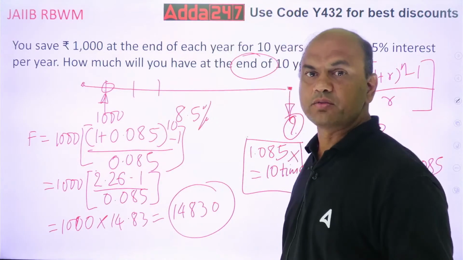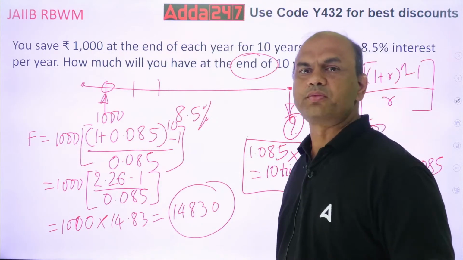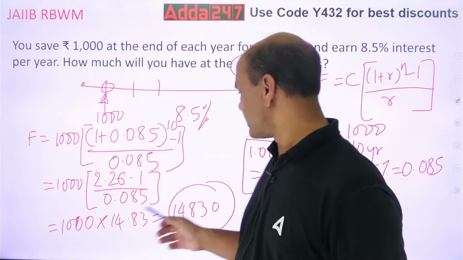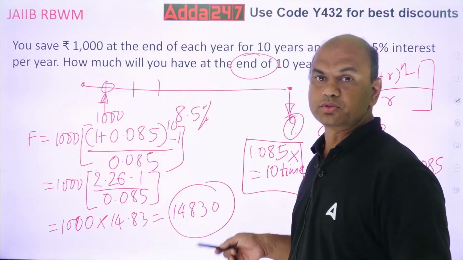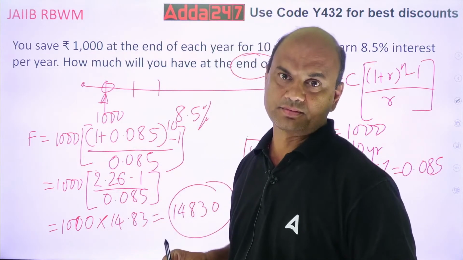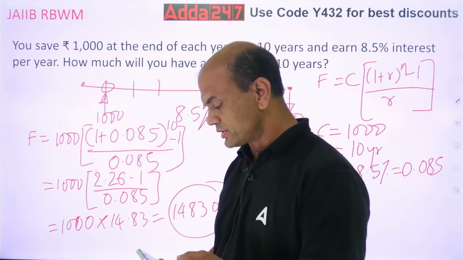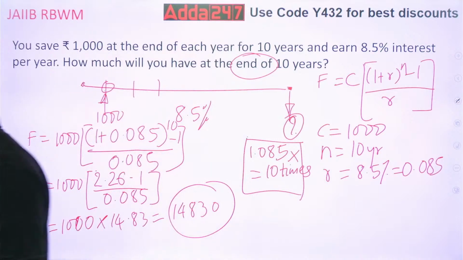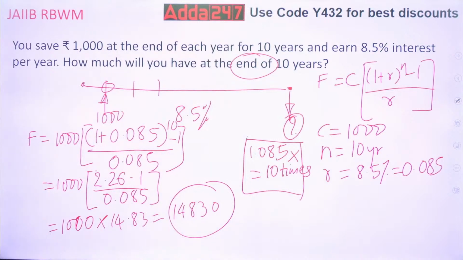So roughly you will be investing how much? 12,000, right? And what are you getting? 14,830. So you are getting 2,830 extra. Got it, everyone? Clear this concept?